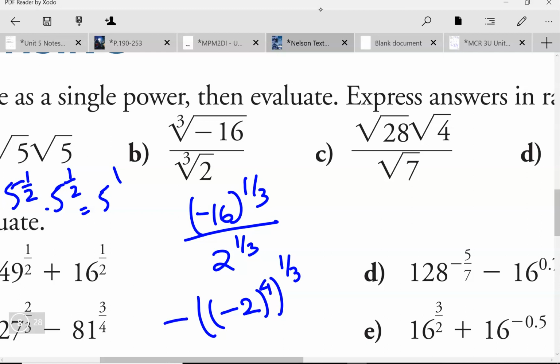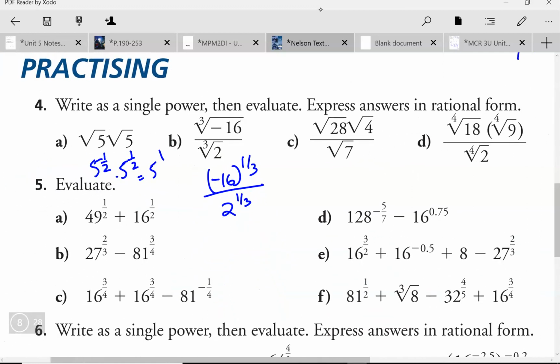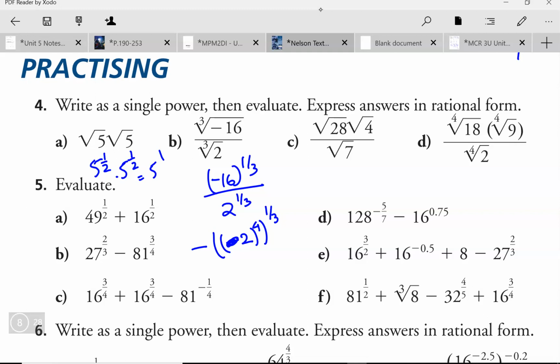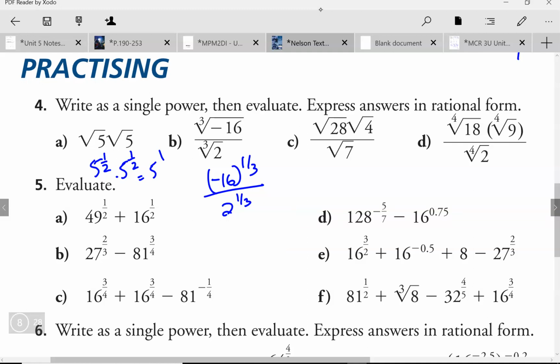But the negative is outside, because if I took negative 2... So again, I'm just leaving the negative outside for the time being, making that 2 to the power of 4 to the power of 1 over 3 and then taking the negative of that. Actually, I'd have to write this differently then. Doing this in a single power is kind of annoying. So I had to take 2 to the power of 4, take the negative of that, and then do that to the 1 over 3.